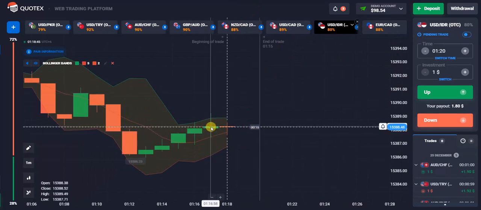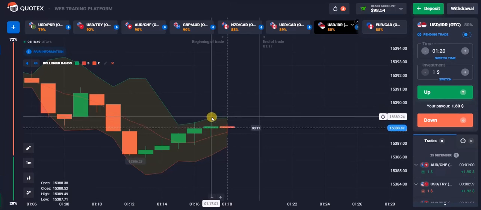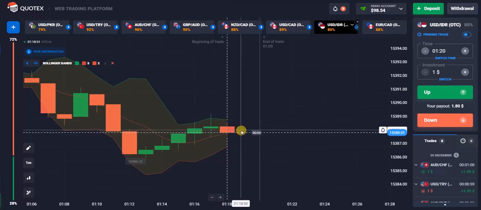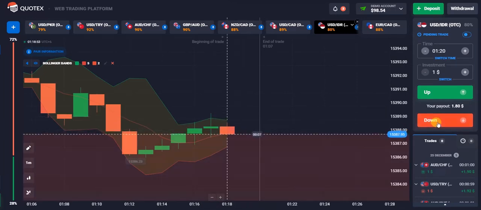As you can see, this green candle has touched the upper line, and now it is creating a red candle. So if it ends up as a red candle, we're gonna take a down. 3, 2, 1.